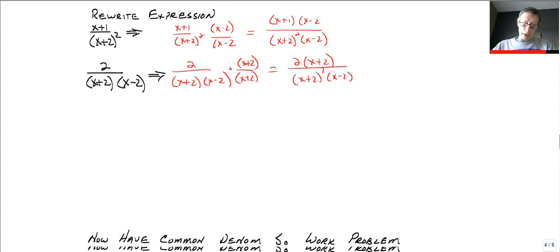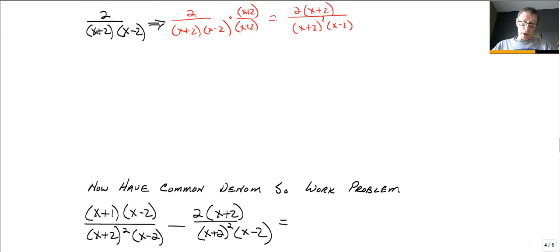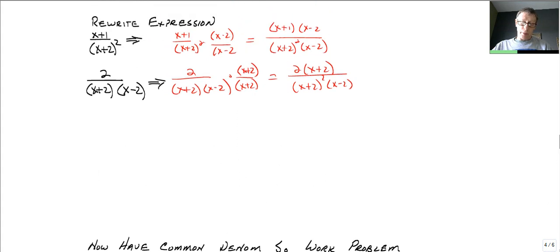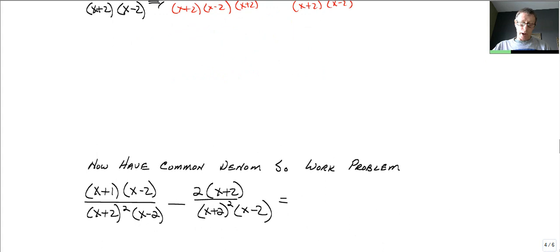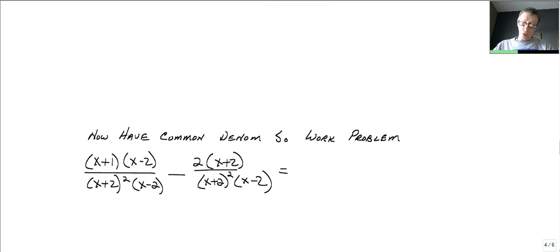So now I have a common denominator, and I've already written it down here so you can see that I'll have the fraction x plus 1 times x minus 2 all over my common denominator minus the second fraction. So when those two combine, let's multiply these across by the FOIL method. I'm going to get x squared minus x, then 2 times 1 minus 2.